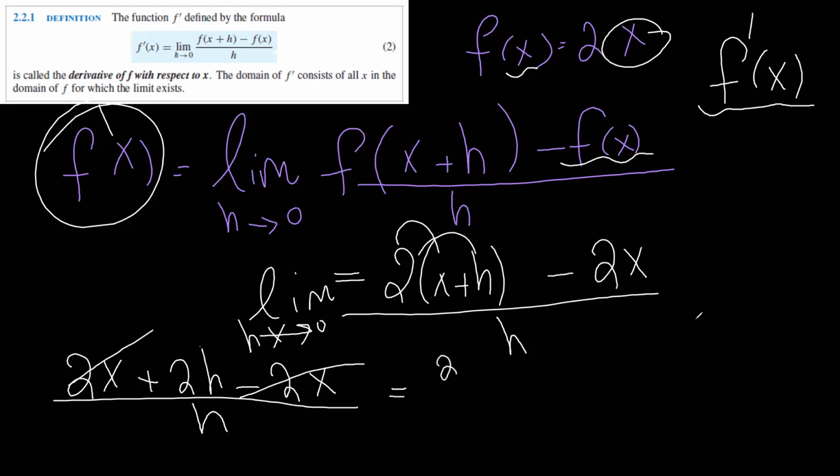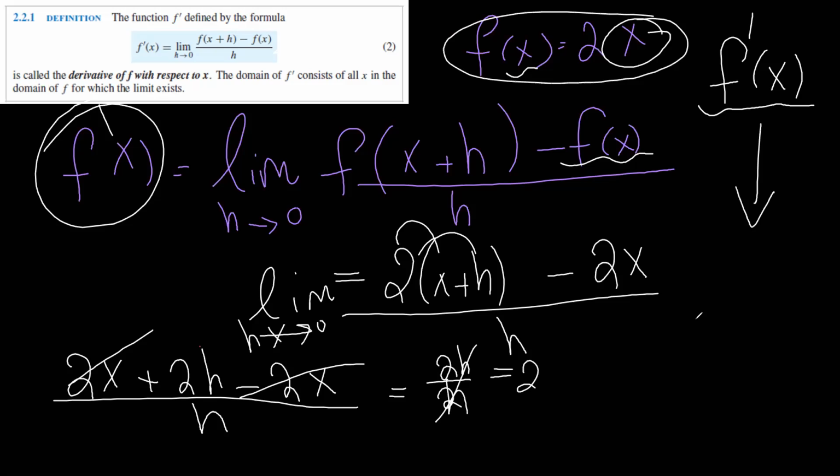You will have 2h over h, sorry, which is equal to 2. So if f of x is 2x, f prime of x will equal 2. Is it clear? I will give you another example, okay?